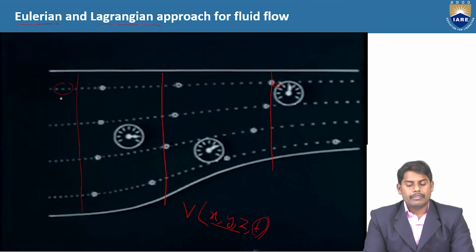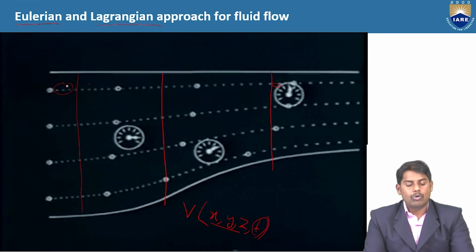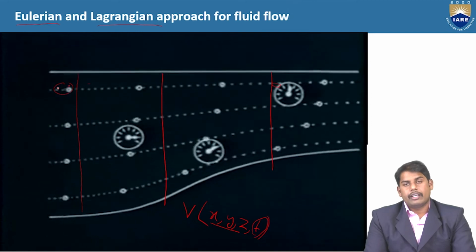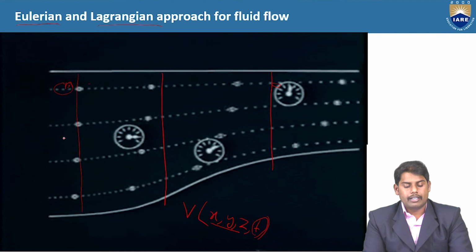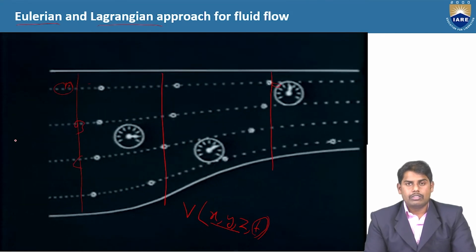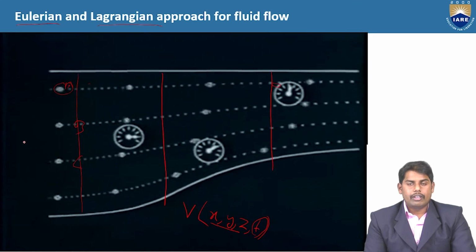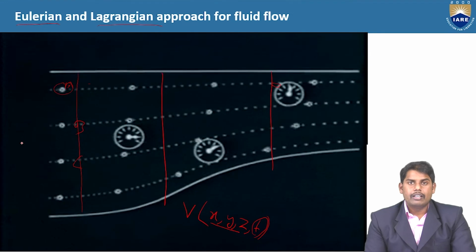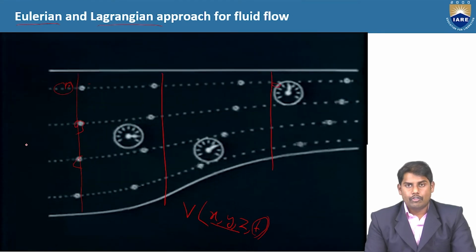In the Lagrangian approach, we concentrate only on individual fluid particles. Let's say you have particle A here, particle B, C and D. In the Lagrangian approach, the velocity or flow parameter is calculated for a single fluid particle. It's like tracking a single fluid particle.